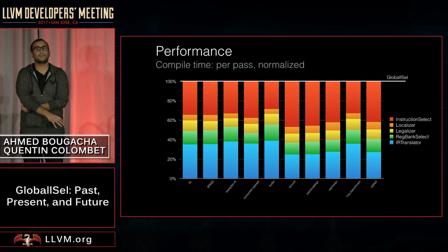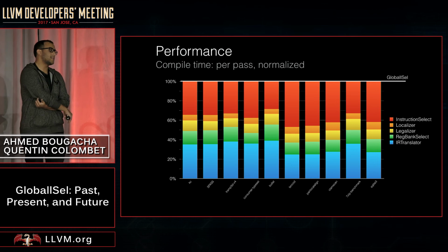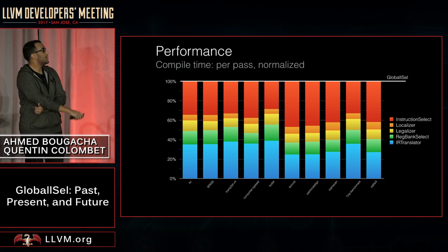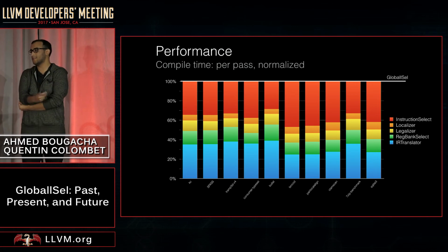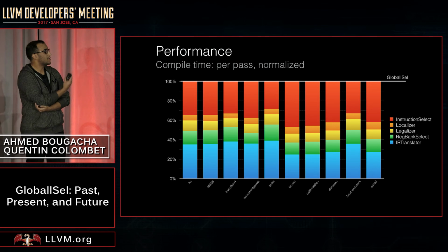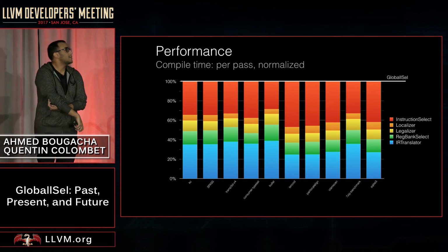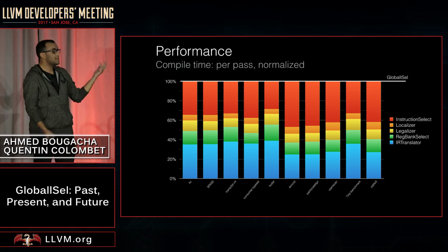For instance, right now we don't try very hard to reuse existing instructions, so we end up rebuilding them a lot of the time. And we also emit a state machine that's not as optimized as it could be. So we have lots of ideas on how to improve this. And we think the ISel, the instruction select pass time, is going to go down a lot. And you can see that's the same in the other passes.